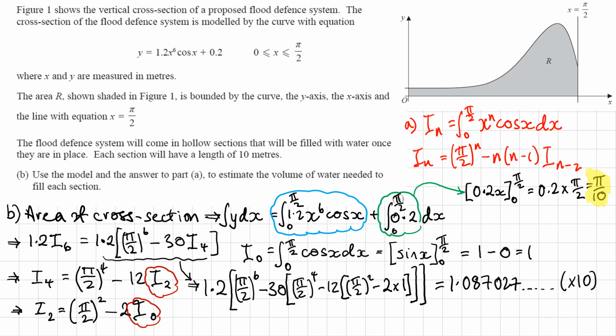So that's giving us 10.8707 and so on. Let's give that to three significant figures. So we'll go for 10.9 meters cubed, and that will be correct to three significant figures.